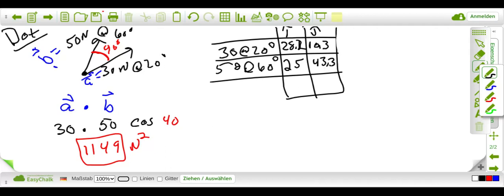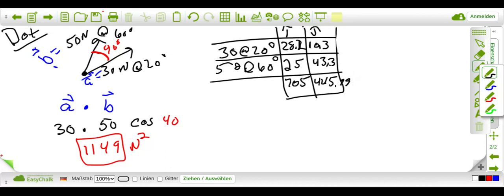So what I've done is I've made my basic vector table, and we are going to do vector multiplication, not vector addition. So I don't just add the columns, I multiply the columns. So I'm going to take 28.2 times 25, and I get 705. And then I'm going to take 10.3 times 43.3, and I'm going to get 445.99.